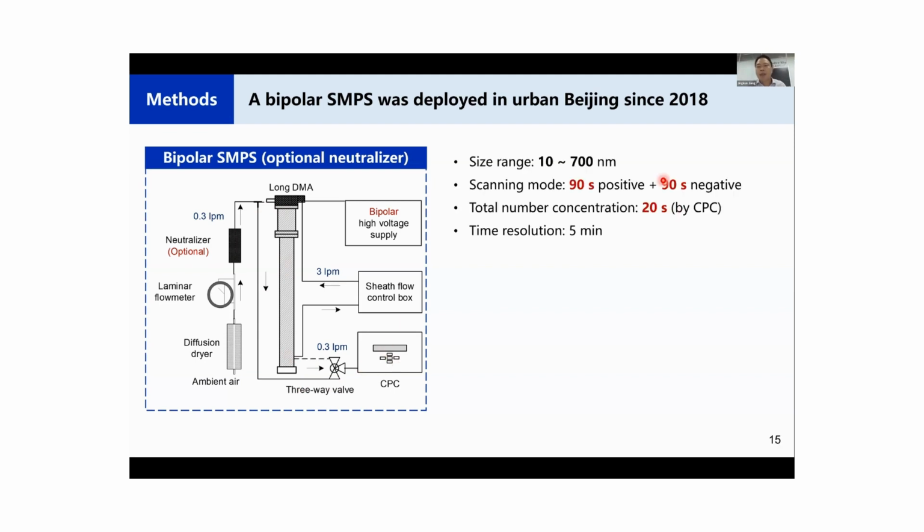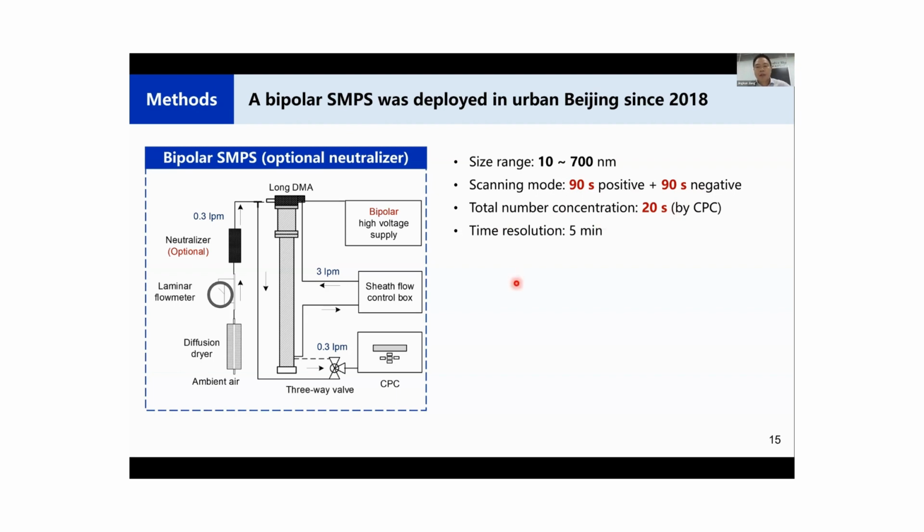Here is an example we have run in Beijing since 2018. The size range for the typical condition we set is around 10 nanometers to 700 nanometers. We scan both positive voltage for 90 seconds and negative voltage for 90 seconds. After the scanning, we measure the total concentration for 20 seconds by the CPC directly.